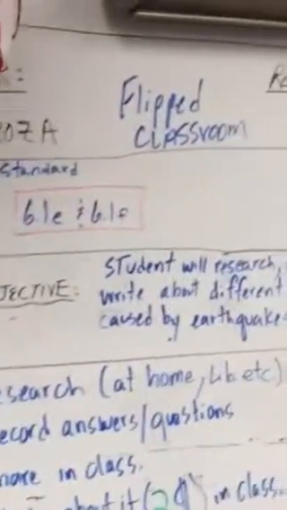Excellent work. We're going to pan over here to the front of the room and find out what we're supposed to learn about today. As you can see, our learning objective is right over there. Our standards.